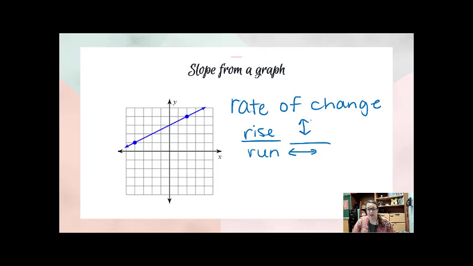Notice this is the y-axis. The y-axis goes up and down, and the x-axis goes left and right. So it really is the y's over the x's. We call it delta y over delta x, or the change in y over the change in x. How much it rose or fell over how much it ran or went backwards.